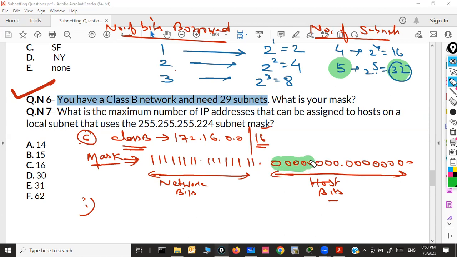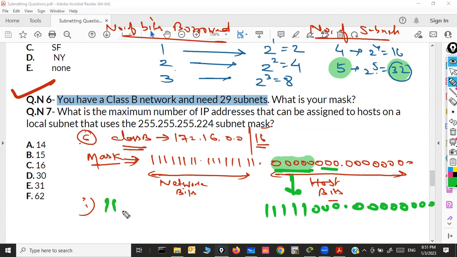The remaining bits are still host bits, but the 5 borrowed bits need to be converted to ones. So again, 5 ones here, 3 zeros remaining, and then 8 zeros remaining here still. And already 16 ones.